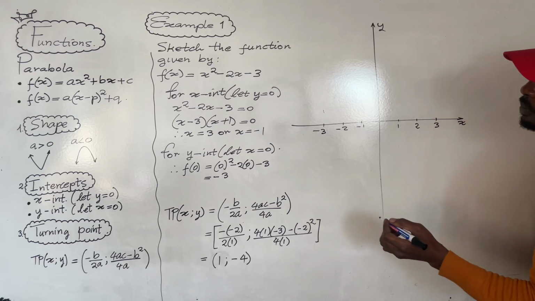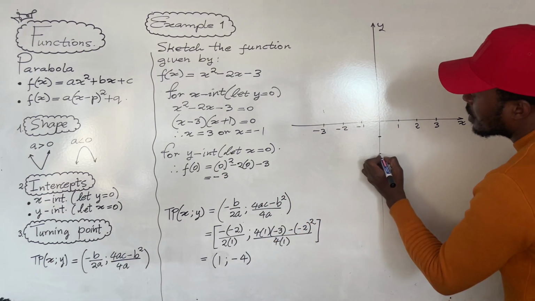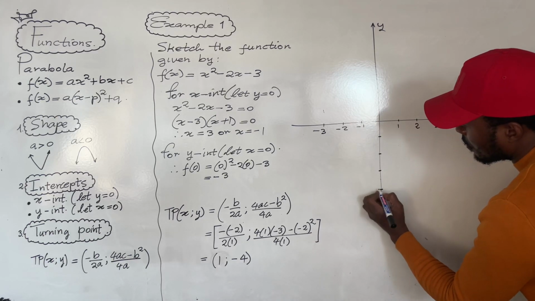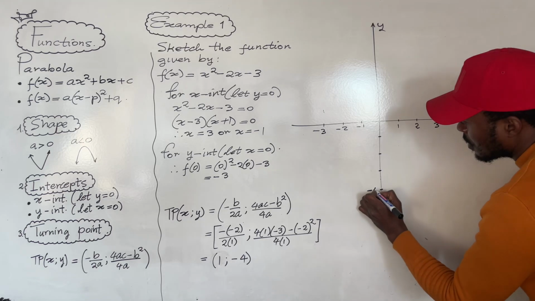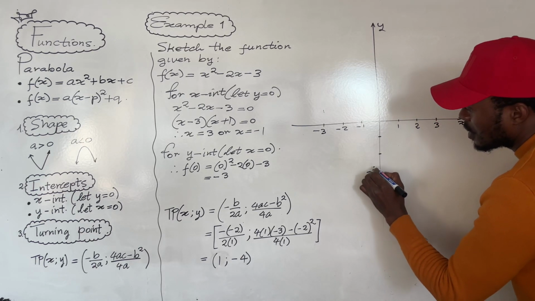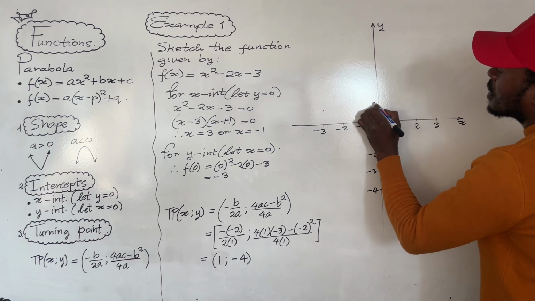What about the turning point and the y-intercept? We have our y-intercept at minus 3, and the turning point has a y coordinate of minus 4.